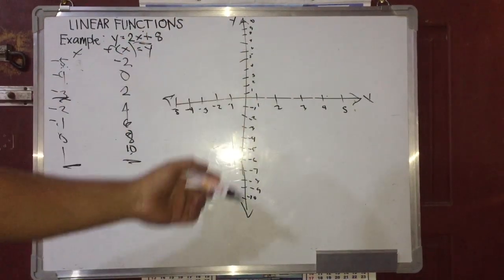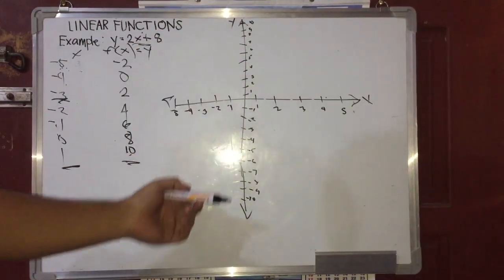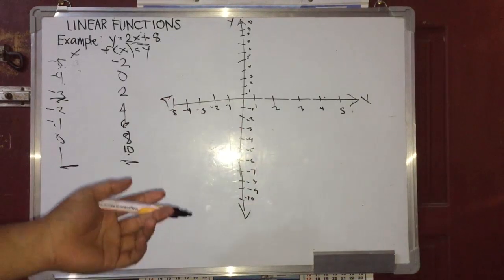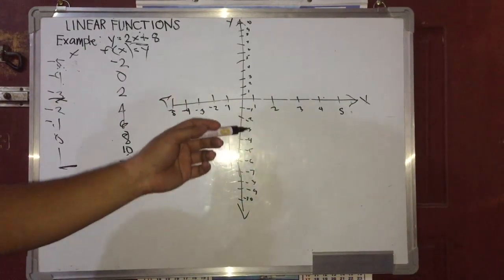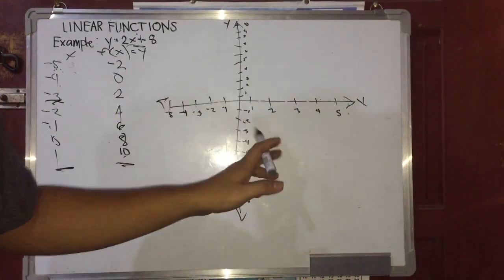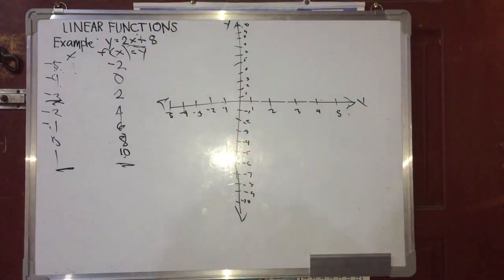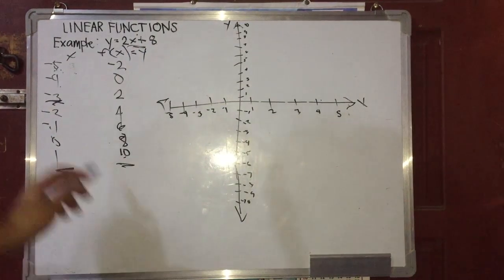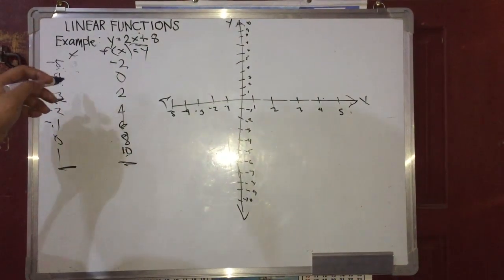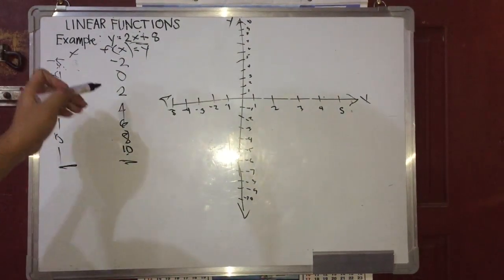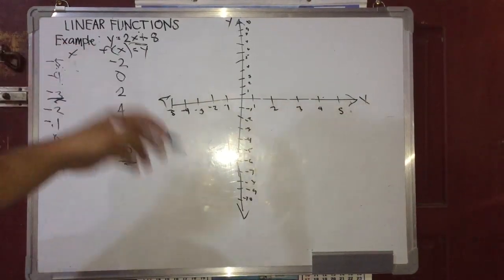At this point, on your Cartesian plane or your graph, you need to be consistent with your numbers from the x-axis to the y-axis. Then you can plot by placing the values of x and y.